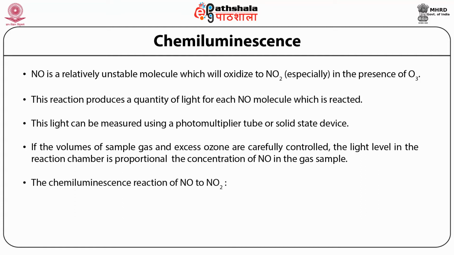The chemiluminescence reaction of nitric oxide and ozone is depicted by the equation that NO reacts with ozone and is converted into NO2 plus O2 and releases light of some wavelength.